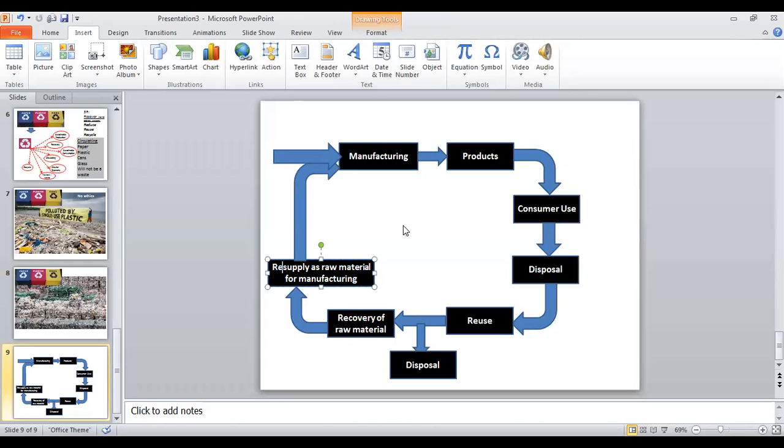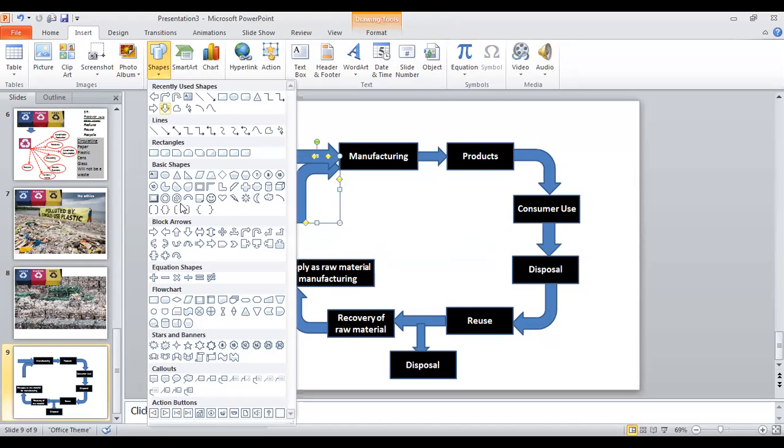So resupplying or recycling. Resupply as raw material for manufacturing. So that is what we call this: recycling.